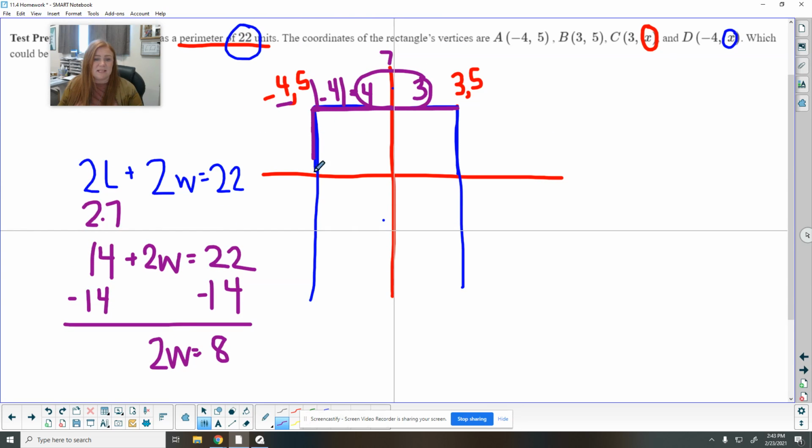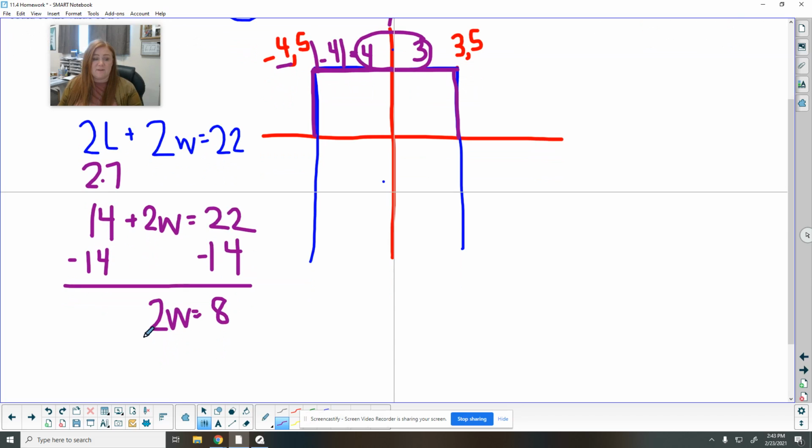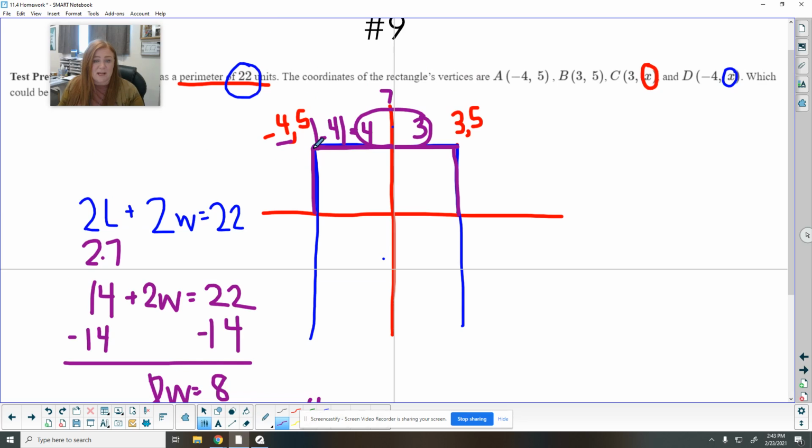So that means this side and this side put together have to equal 8. So if I have 2 of those, I'm going to divide by 2 on both sides. That means W, the width, should equal 4. So if I go down 4, that puts me right on the x-axis. Oh, sorry, we're up 5.